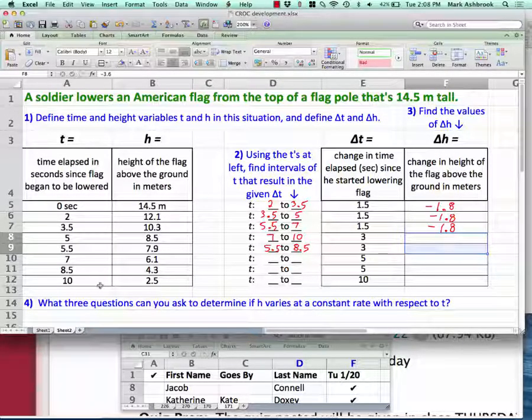You're going to do 6.1 minus 2.5. What do we think? Is that right? It would be 2.5 minus 6.1. She wants 2.5 minus 6.1. So when you do a change in a quantity, do you do initial minus final or final minus initial?